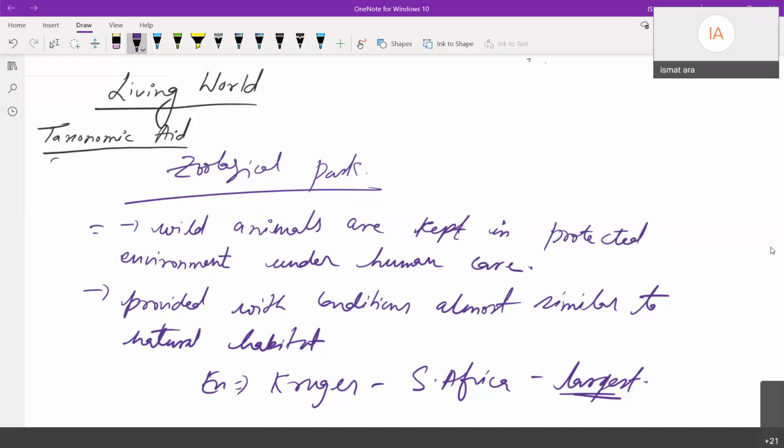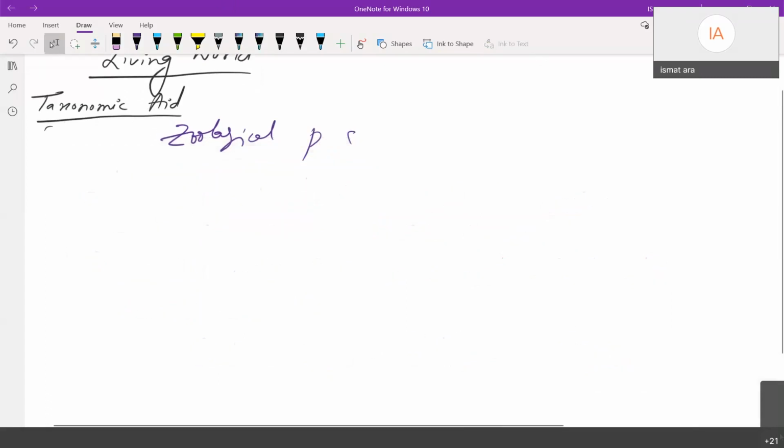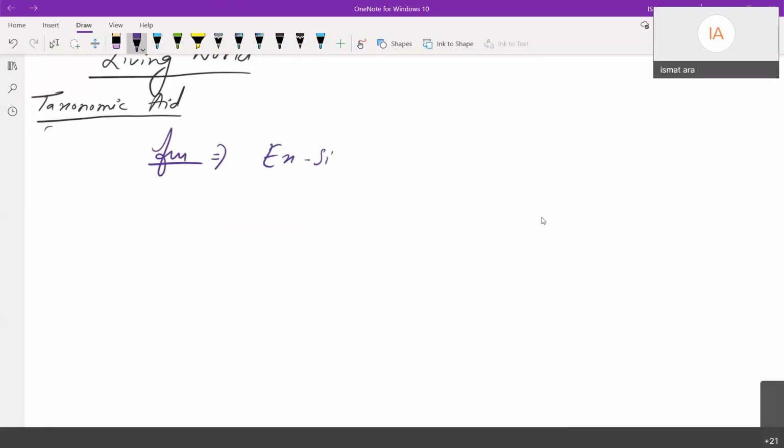What is the function of this zoological park? Let us see the function. Ex situ conservation. Now, what is the meaning of ex situ conservation? Two types of conservation are there.